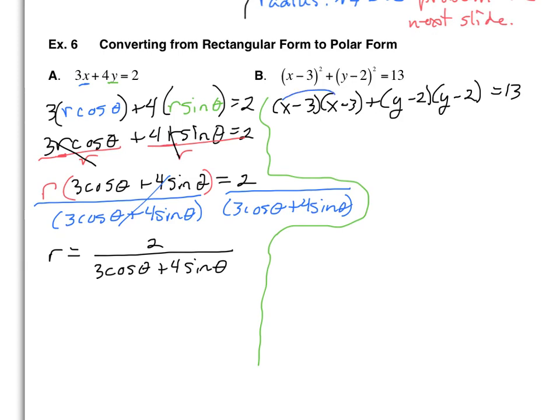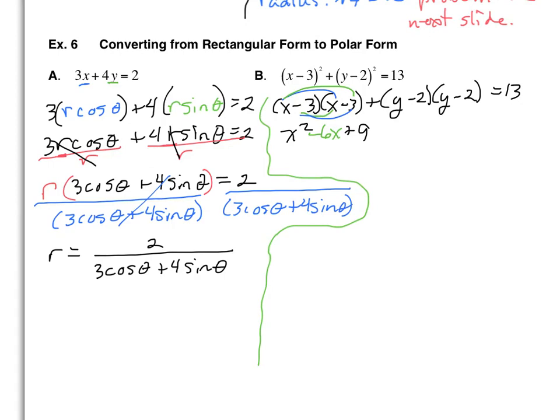So I've got x times x is x squared. And then I have x times negative 3 is negative 3x, and negative 3 times x gives me negative 6x, and there's your middle term. And then finally, I have negative 3 times negative 3, which is a positive 9. So don't miss out on that middle term.